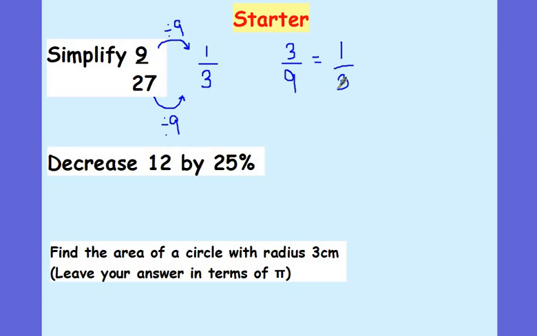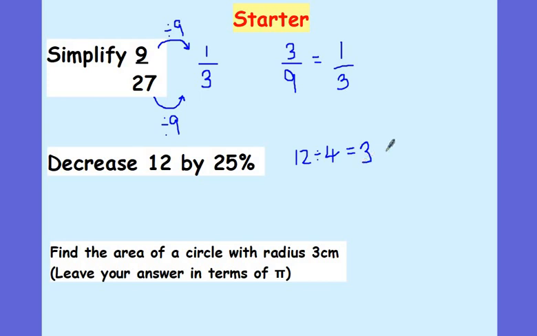Okay, next question. We are looking at decreasing 12 by 25%. My first question to you, Sophie, how can I find out what 25% of 12 is? Great, let's divide it by 4. 12 divided by 4 gives me 3.